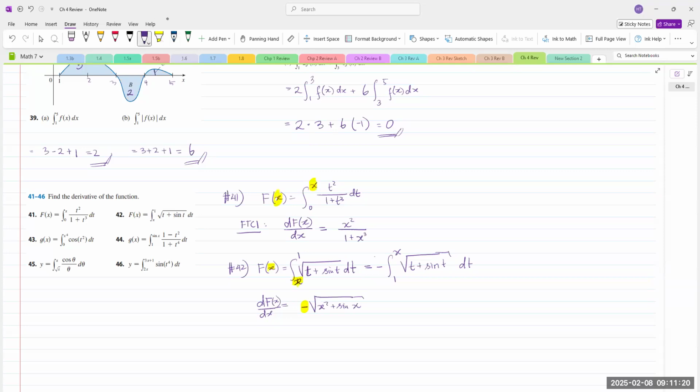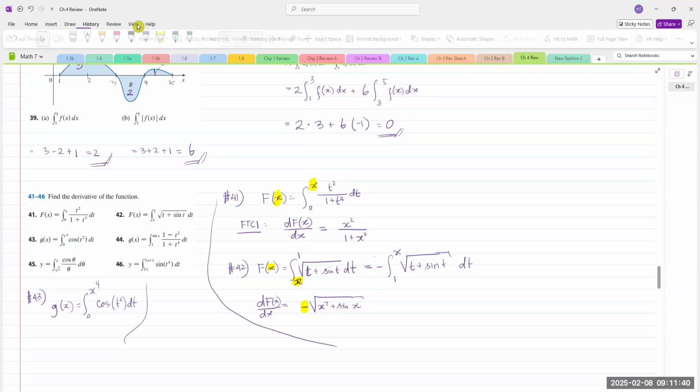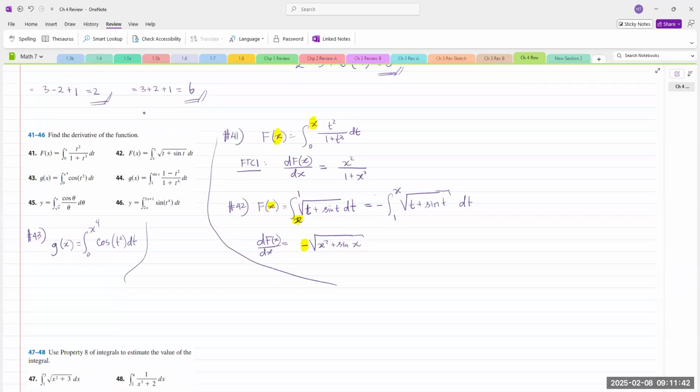Okay, now number 43. What happens if it's not an x in the interval of integration but a function of x? Then we replace the t by that function when you do the derivative, right? You replace the t by that function. So let me use the notation g prime.